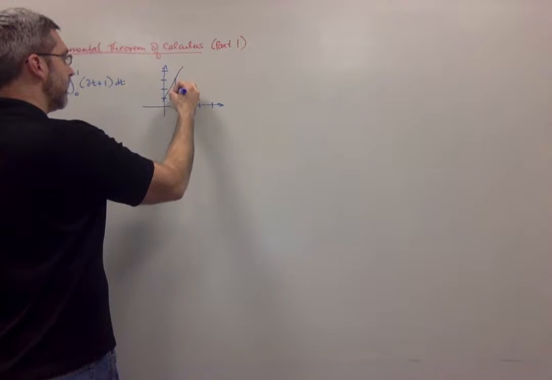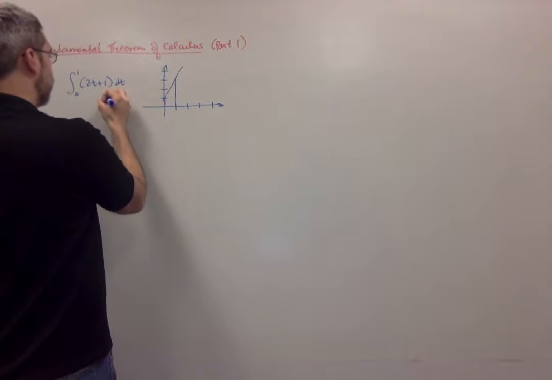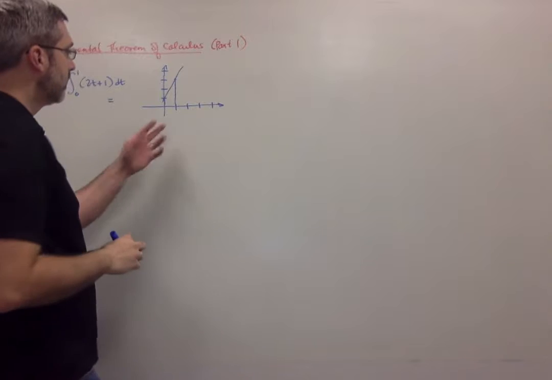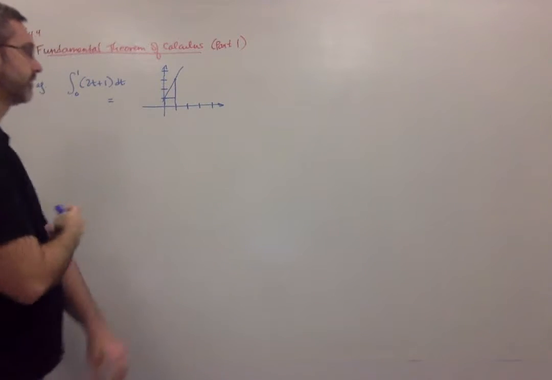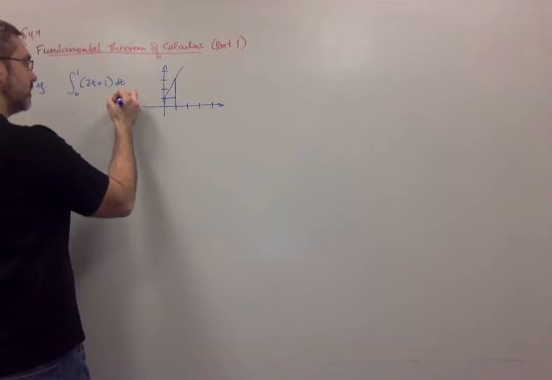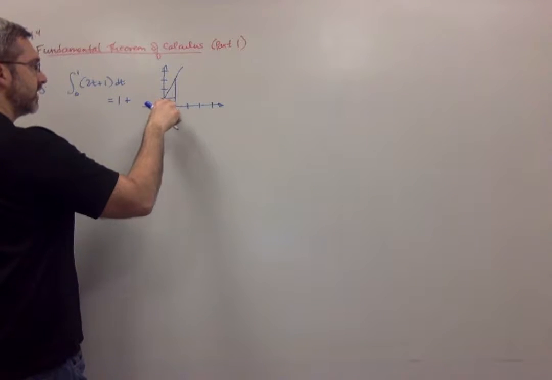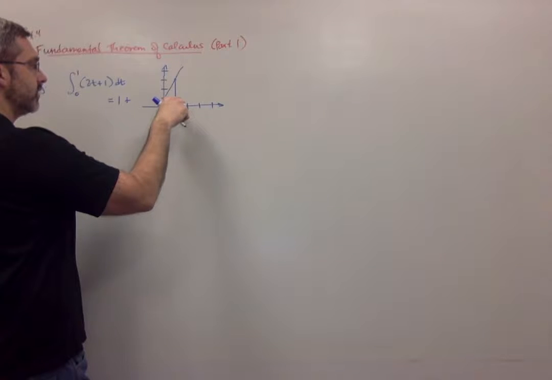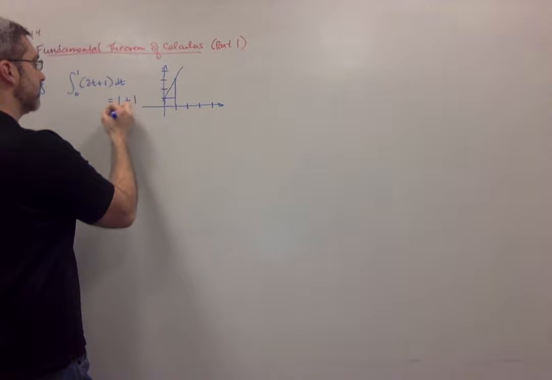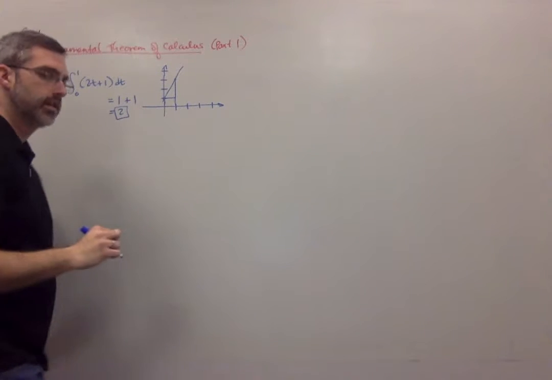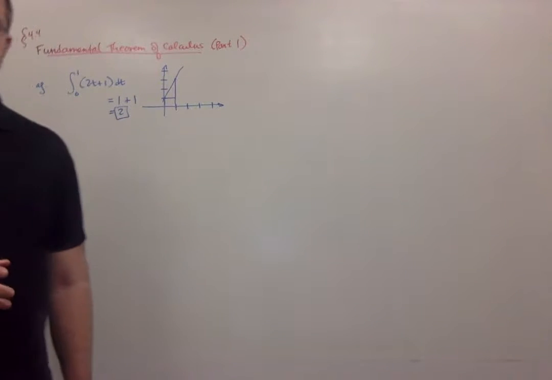All right, so I want that area right there. Let's actually just calculate it, okay? So I'm going to break it into a rectangle and a triangle. The rectangle has area 1, and the triangle has area 1/2 base 1 times height 2, so this overall is going to be 1 as well. So the overall area there is 2. Not too hard. Okay?